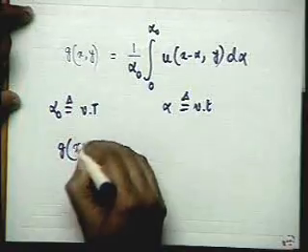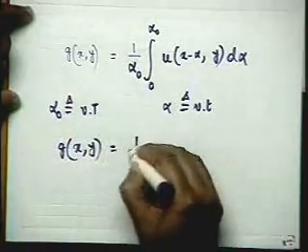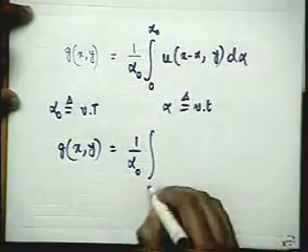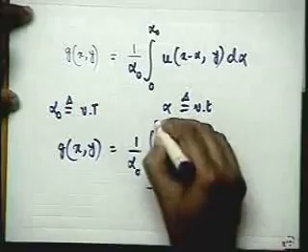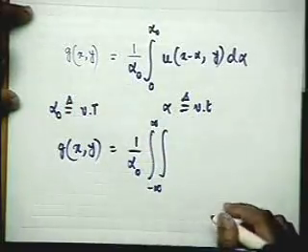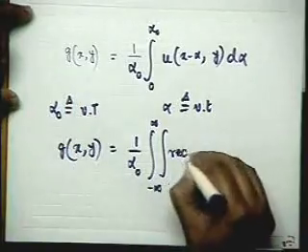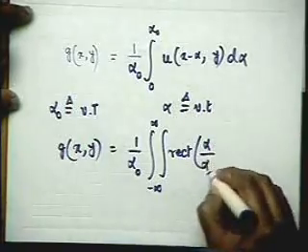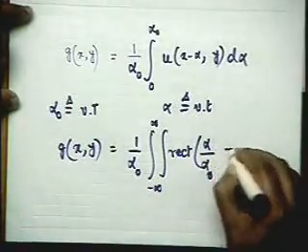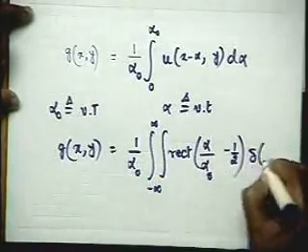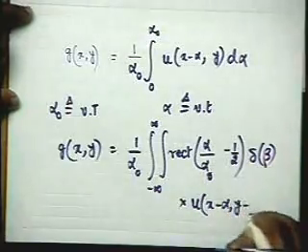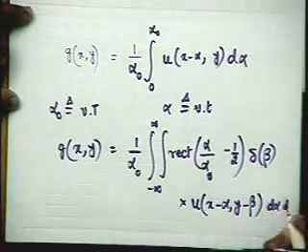So this same expression can now be written as g(x,y) equals 1 upon alpha 0, and instead of keeping the limits of integration from 0 to alpha 0, we had converted both the integration limits from minus infinity to plus infinity, and thereafter we had introduced the rectangular function with argument alpha by alpha 0 minus half, delta beta, multiplied by u of x minus alpha, y minus beta, d alpha d beta.